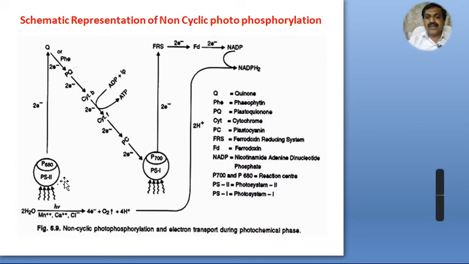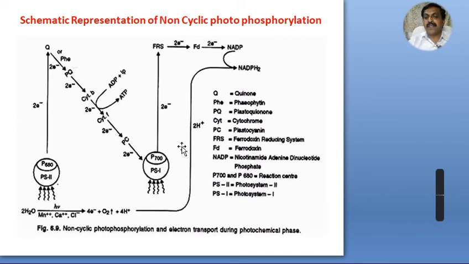During this process, when the electron of the P680 passes between cytochrome B6 and cytochrome F, a phosphorylation takes place, and ATP is formed from ADP and inorganic phosphate. This phosphorylation is called photophosphorylation, and since it takes place during the non-cyclic journey of the electron, it is referred to as non-cyclic photophosphorylation.